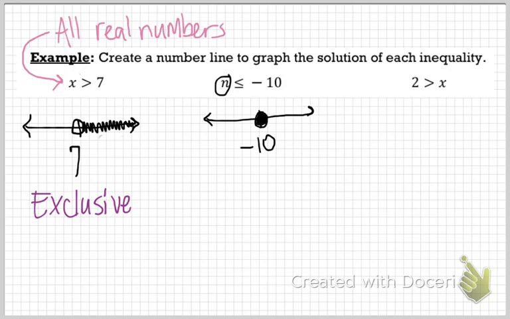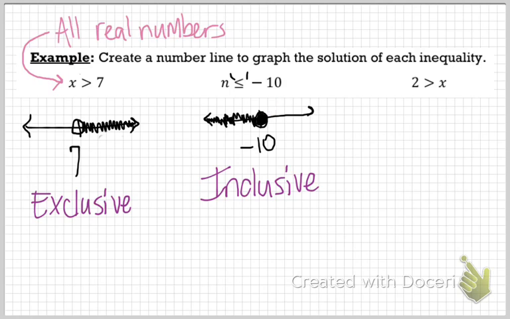And we need all the numbers that are less. So all those numbers smaller than -10 are towards the left. They keep getting smaller and smaller towards that side. So that's how our number line would look like. And of course, the 10 is inclusive. You would include it. That's why we had to include a closed circle.